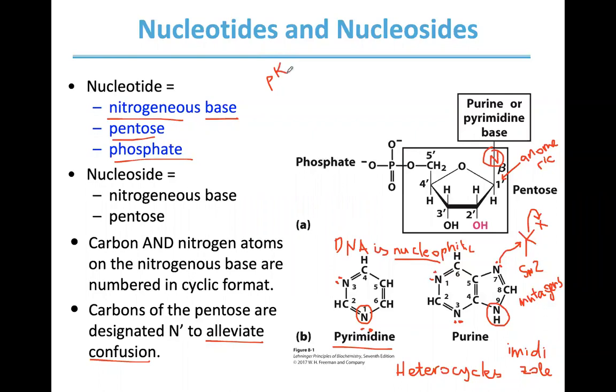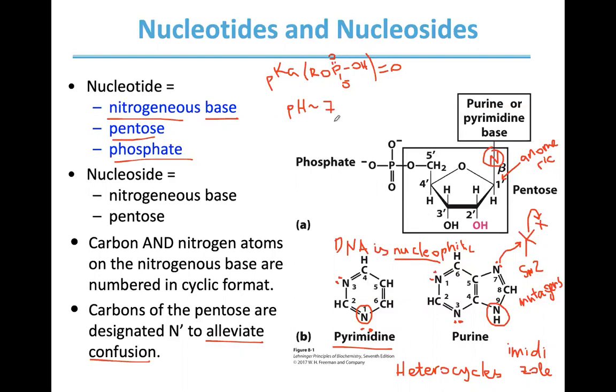Remember, if you have phosphate, let's say this one is deprotonated and this one is protonated. So the pKa of this is close to 0, right? And remember the physiological pH is about 7.